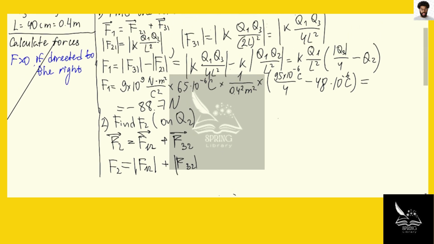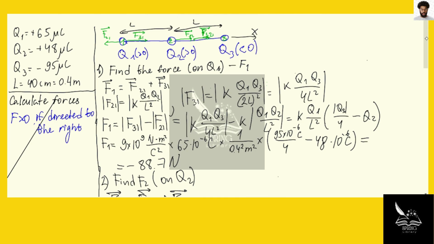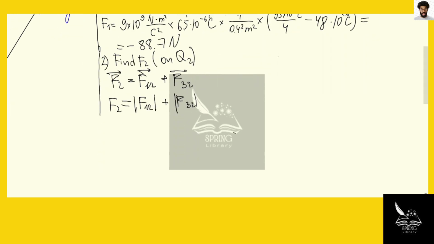It's important to understand that because F12 and F32 are heading in the same direction, we have to take a sum of two absolute values.